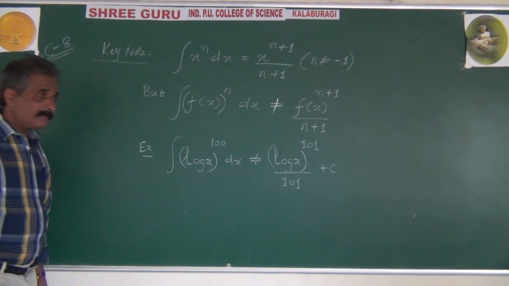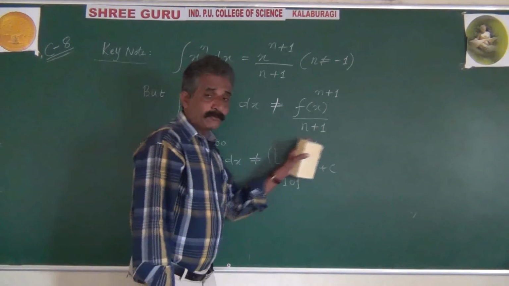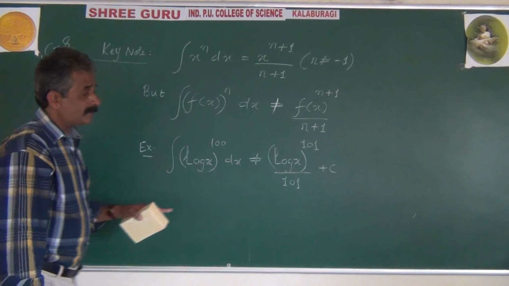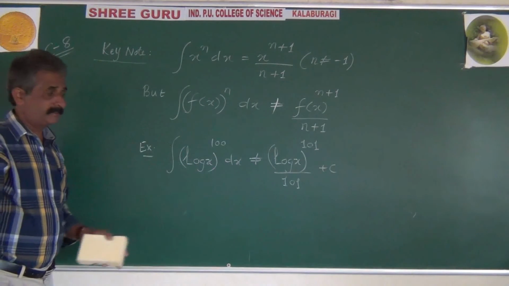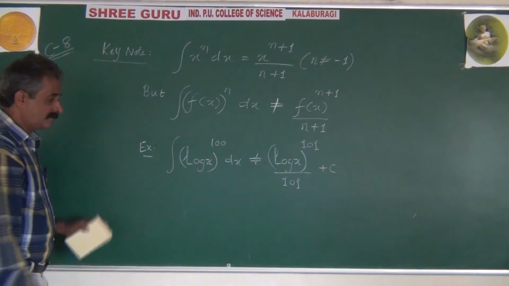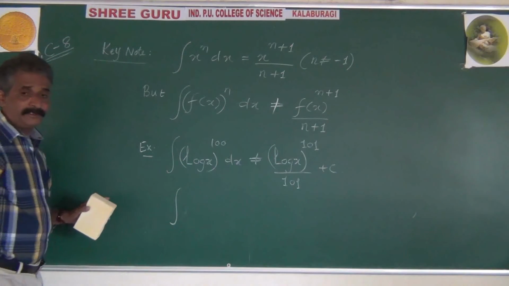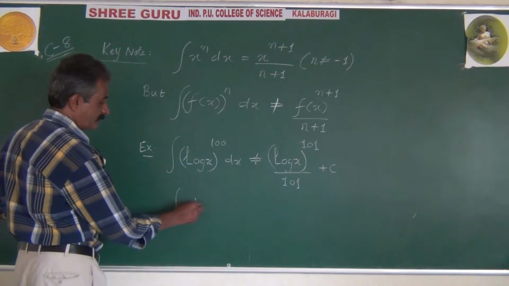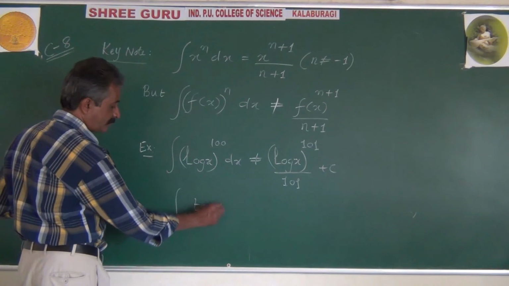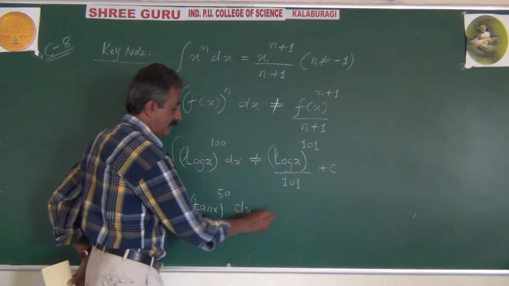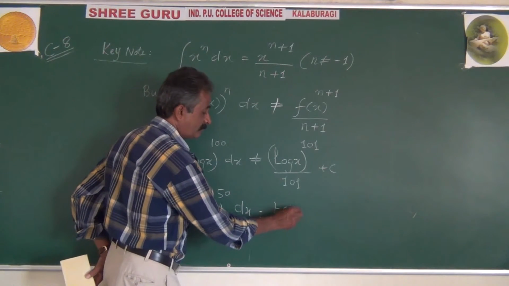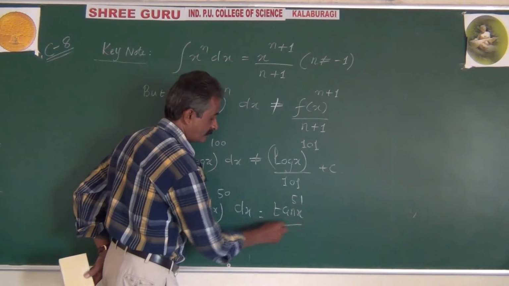Even if we agree, it will be wrong, because when this quantity is differentiated, our answer becomes log x power 100 into 1 by x, but that is not present here. Similarly, another example, integration of tan x power 50 never equals tan x power 51 divided by 51.